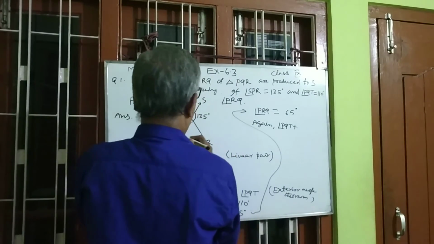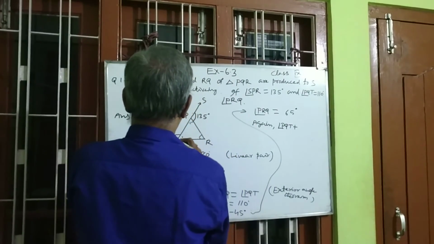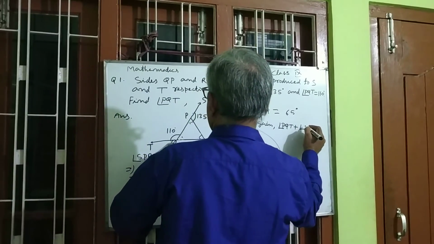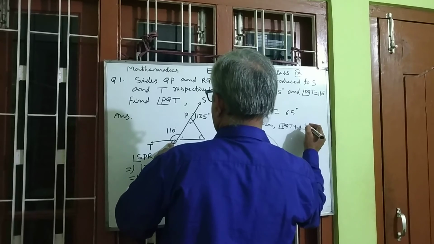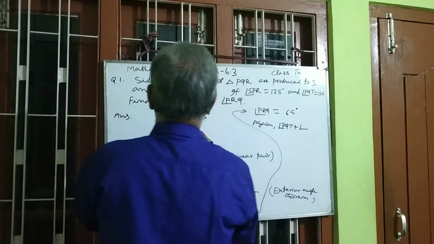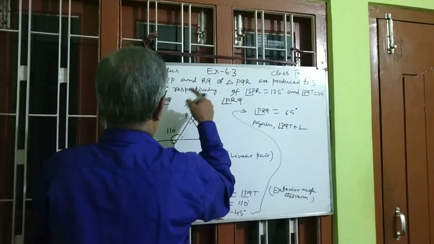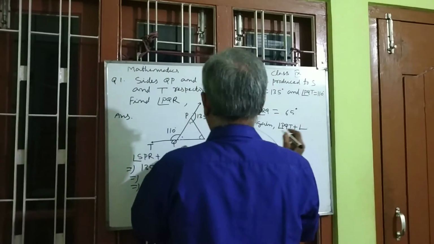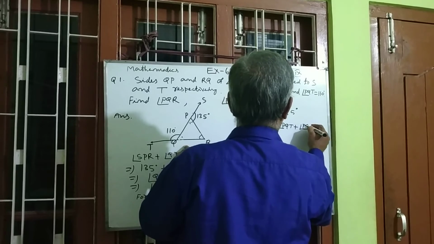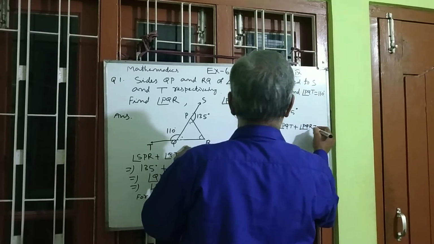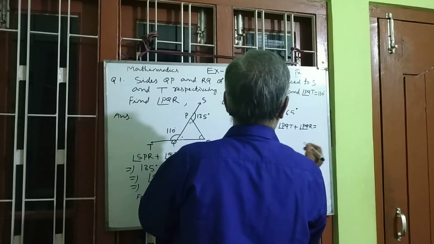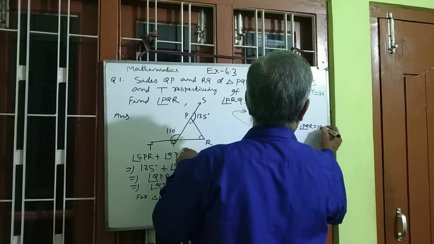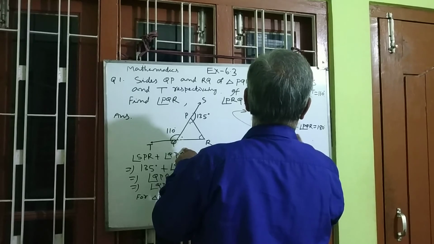Angle PQT plus angle PQR is equal to 180 degrees.